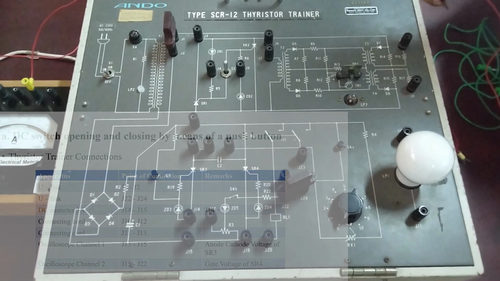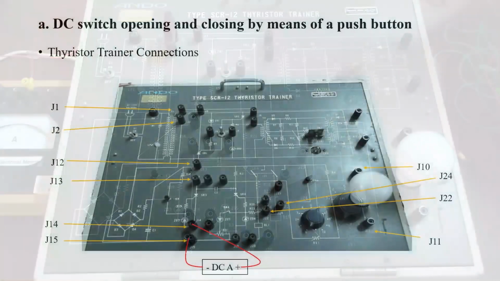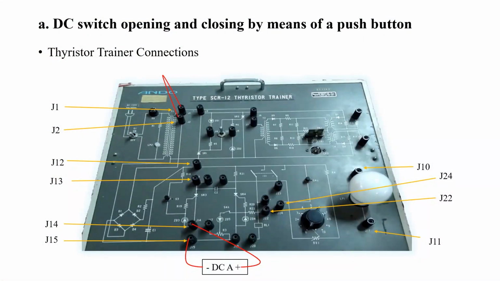Most of the wiring was already completed inside the trainer kit itself, and we have to connect a few of the open terminals to complete the circuit. Likewise, we have to connect these terminals by using wires in order to get our actual circuit.